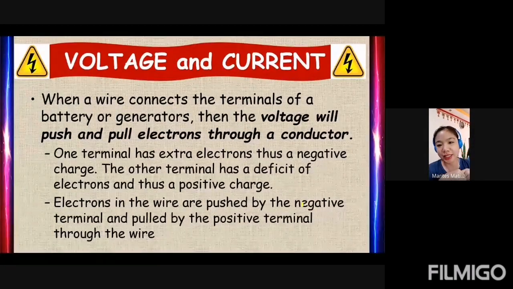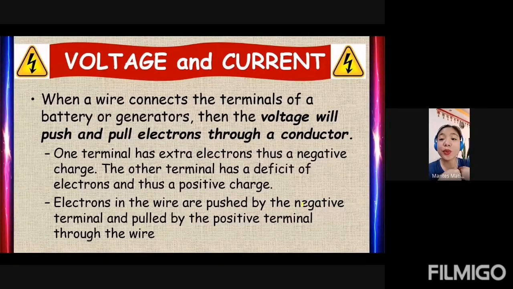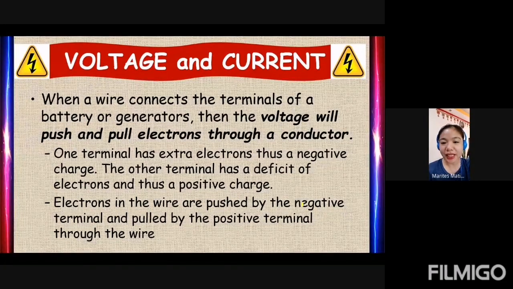Electrical wire natin? Sino yung nag-serve as our conductor? Very good, yung wire. Okay? Saan gawa yung electrical wire natin? Saan kaya siya gawa? Ma'am, copper ata po. Okay, yan. Copper wire. Okay, thank you, Ira.